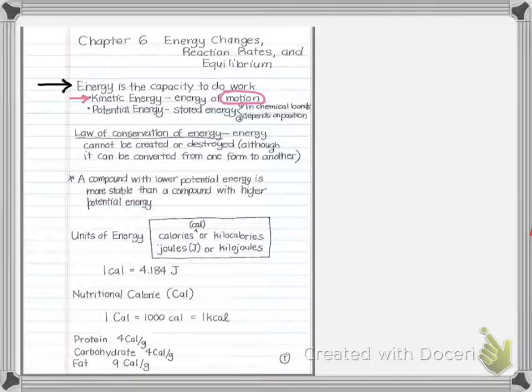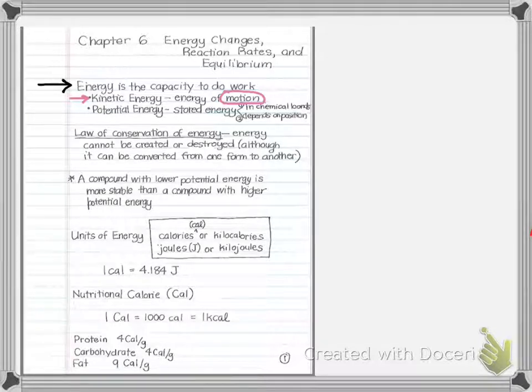If you're in a car driving down the freeway, you have kinetic energy. If you're a skier going down the mountain like they did in the Winter Olympics, you have kinetic energy. So anything that has motion has kinetic energy, including molecules.